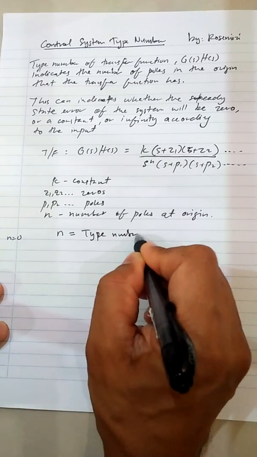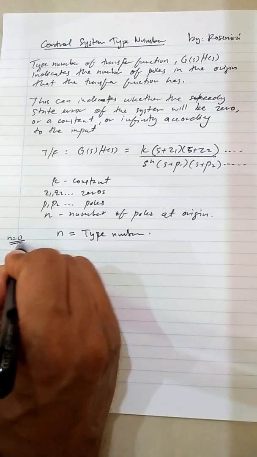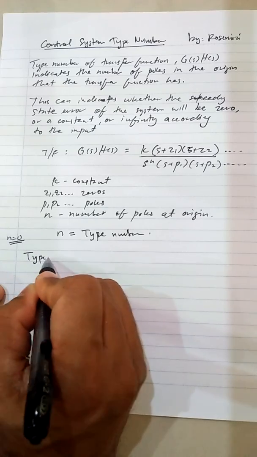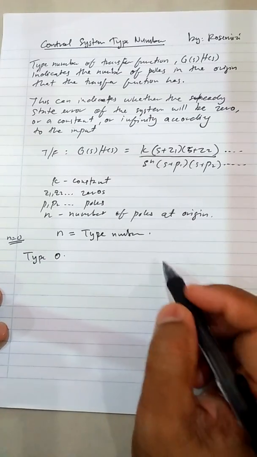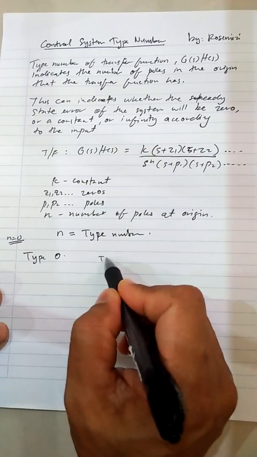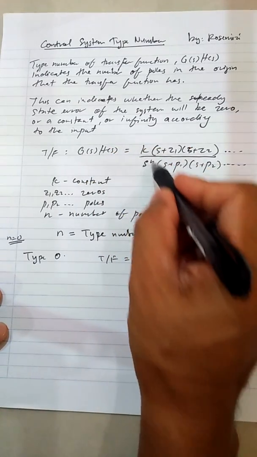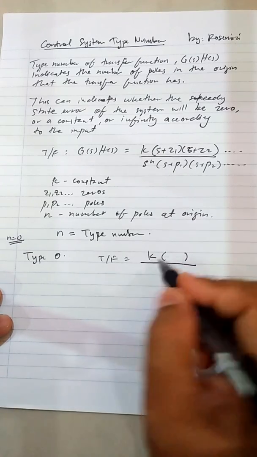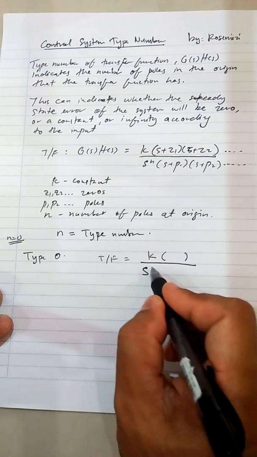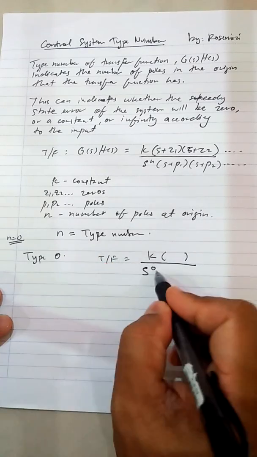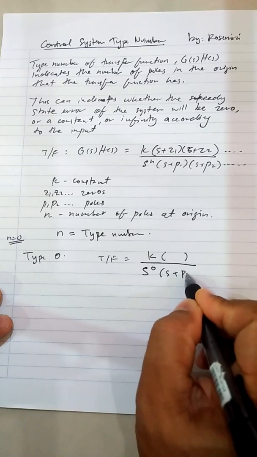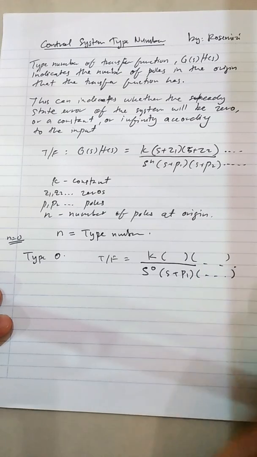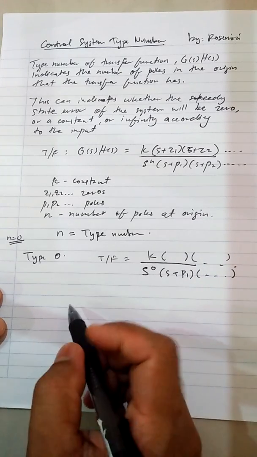Type number n equal to 0 means that our system is type 0, and our transfer function will be K divided by s^0 (s+P1).